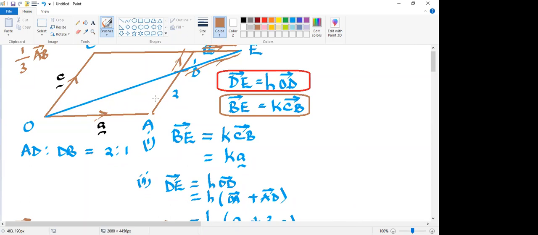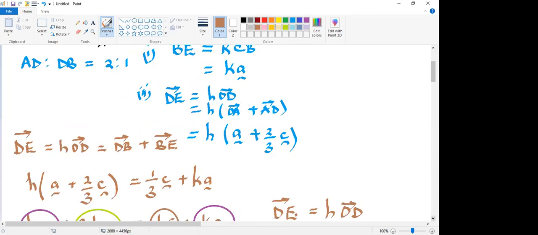Yes, I can see Diana answering the part that DE is the HOD is from the question. The other part is from the diagram, and both are giving DE in different ways, and we are using the different ways to connect and get the values that we were looking for. Thank you.